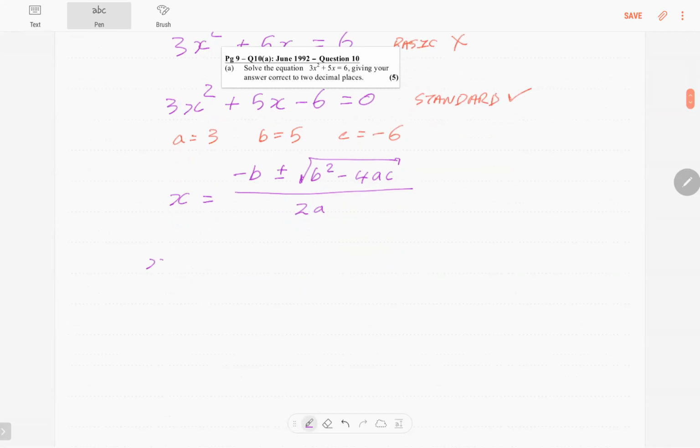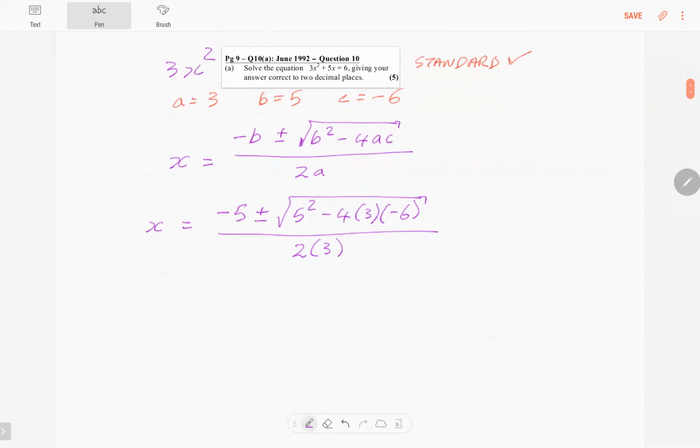So x is going to be equal to minus b, the b is 5, so it's minus 5, plus or minus the square root of b squared, that is 5 squared, minus 4 times the a, which is 3, times the c, which is negative 6, all divided by 2 times the a, and the a is 3. Carefully work down your values now.